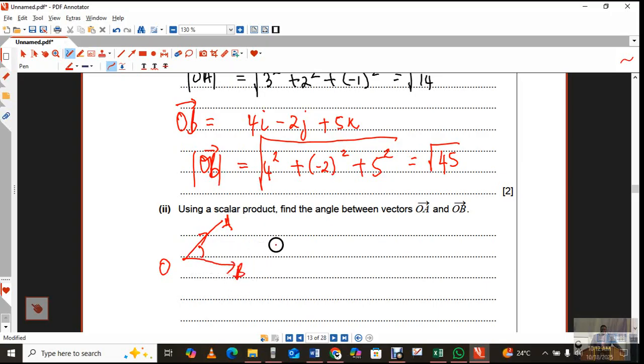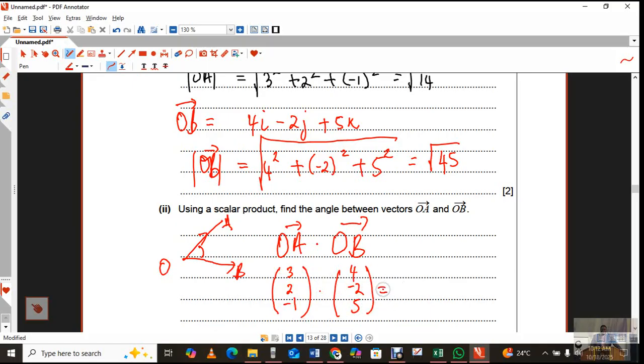So you are looking at OA. I'm going to dot it with OB to see what the dot product is. So I'm just going to write 3, 2, negative 1. I'm going to dot that with OB, which was 4, negative 2, as well as 5.